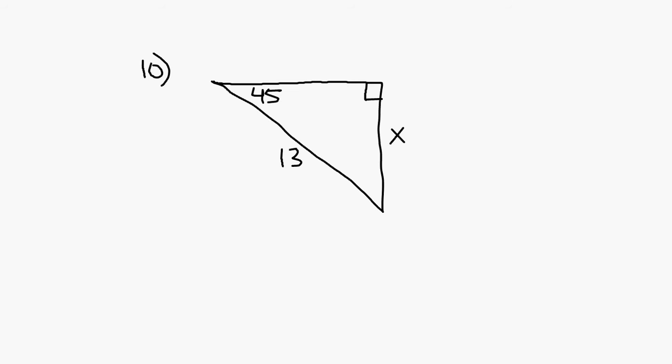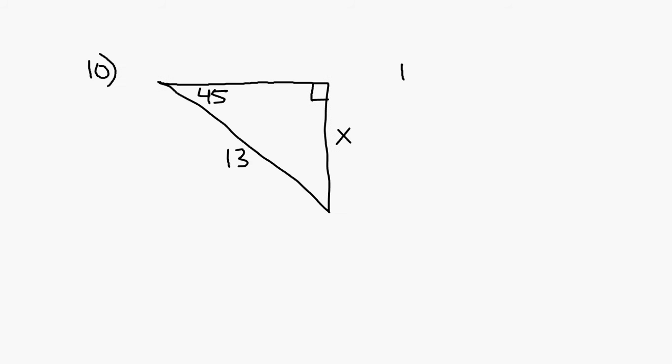So you're going to take 13 and divide it by the square root of 2. So 13 divided by the square root of 2 means to rationalize the denominator. In the numerator, you get 13 radical 2, and in the denominator, the square root of 2 times the square root of 2 is equal to 2.